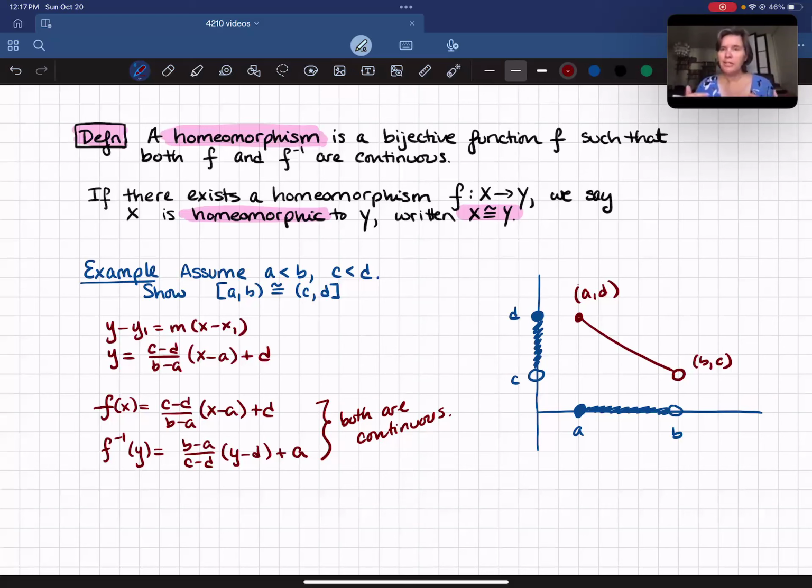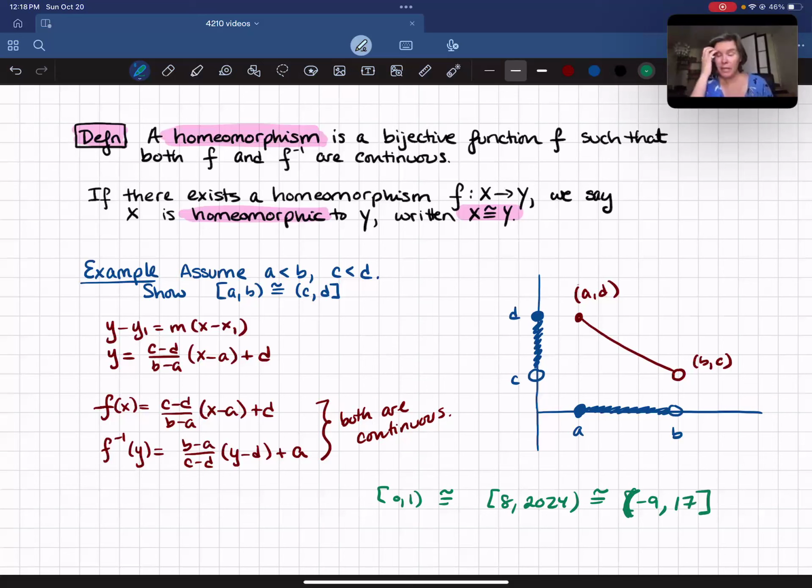Okay. So this says that if you have two intervals that have just one endpoint included and one not included, it doesn't matter how long the intervals are, it doesn't matter where they are along the number line. Anytime you have two intervals of this type, topologically, they're really the same. So if I were to look at the interval from 0 to 1, that's topologically equivalent to the interval from 8 to 2024, which is topologically equivalent to the interval from negative, so let's make it open at -9, closed at 17.